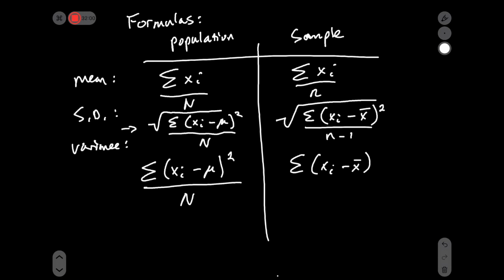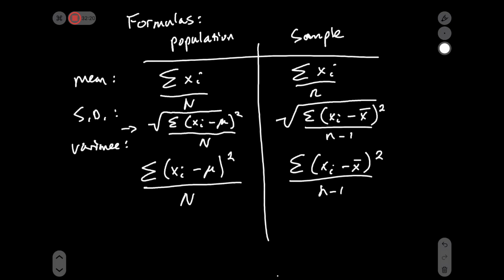And more or less the same for our sample variance. But notice that for the sample standard deviation and the sample variance, we're dividing by n minus 1. Those are our degrees of freedom.